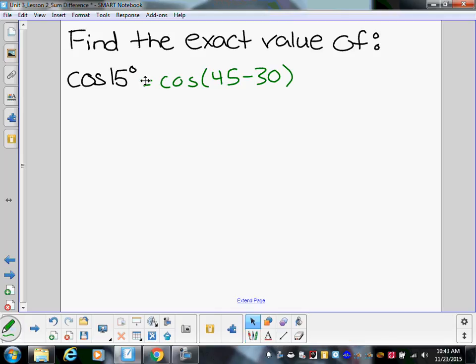Cosine A, cosine B, cosine A, sine B. If you look at your identity sheet, this is a cosine function, and we're subtracting. So we're looking at cosine of A minus B. In this case, 45 is A and 30 is B. I would make sure to write the formula.